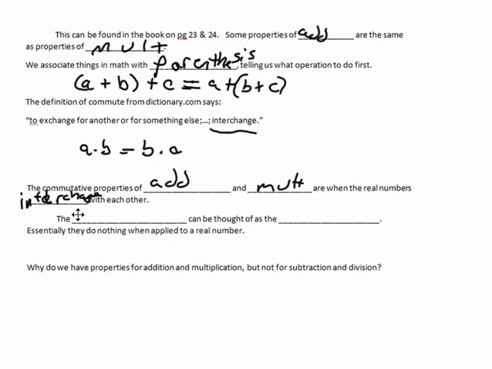The identity properties can be thought of as the do nothing properties.